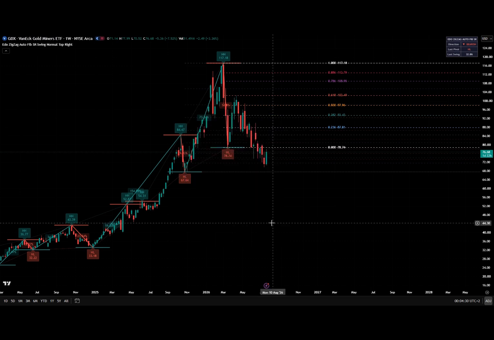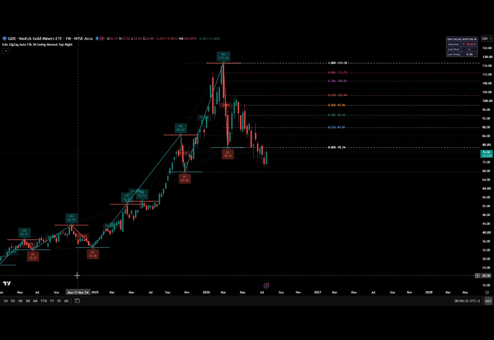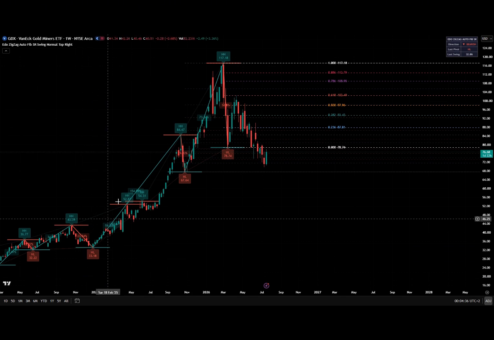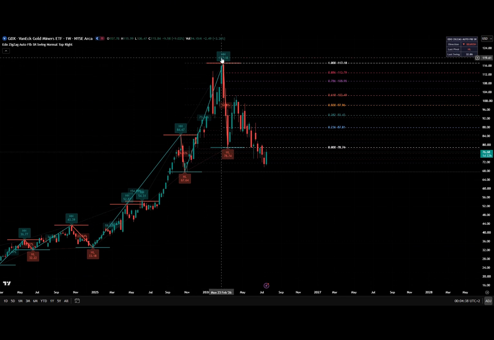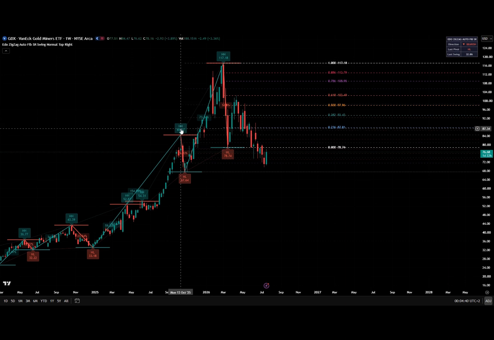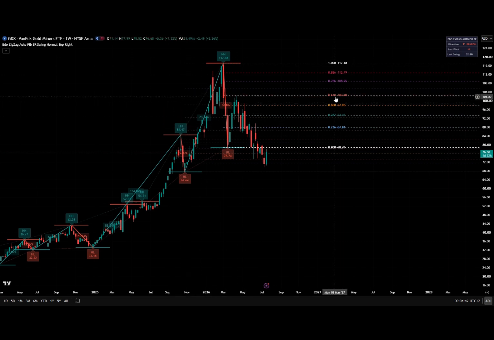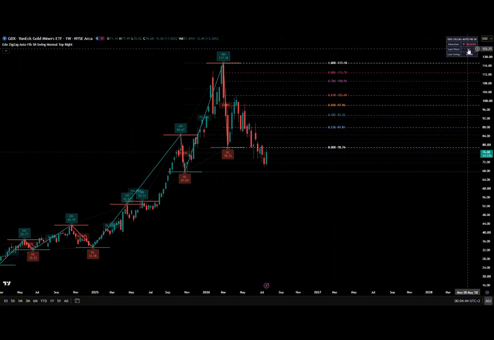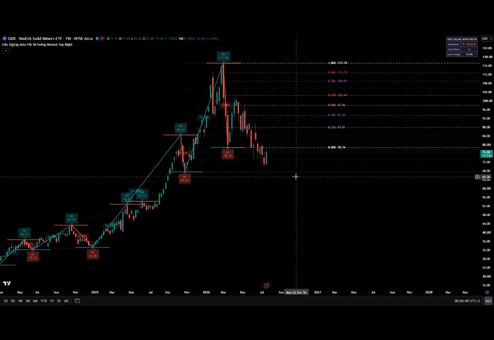Set them once, and the chart tells you when the structure changes, instead of you watching it every week. Read it in that order. The line for the legs, the labels for the structure, the Fibonacci for the levels, and the panel for the summary. Edo ZigZag Auto Fib SR is free and open source.